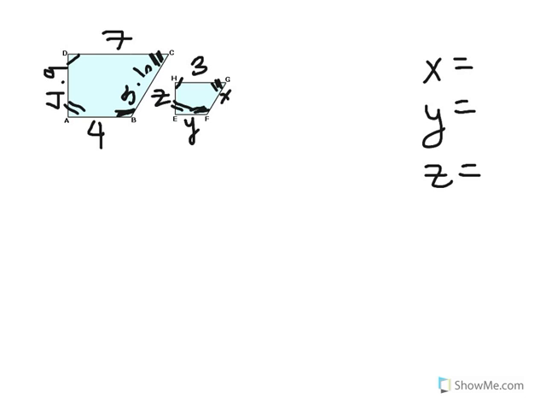So, the relationship between the sides of the larger trapezoid and the sides of the smaller trapezoid can be summarized in the ratio of those 2 sides' lengths. So, 7:3 is the key ratio for finding the 3 values we're looking for. In fact, this is the scale factor.